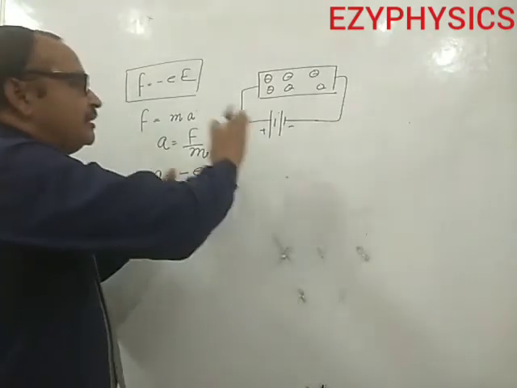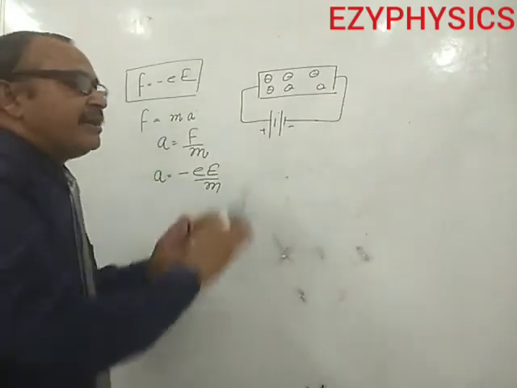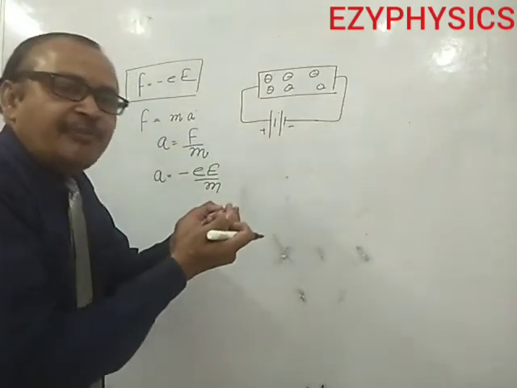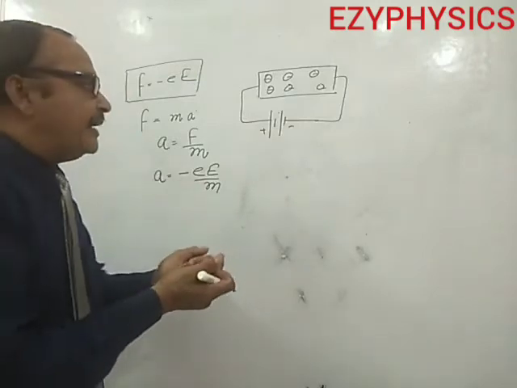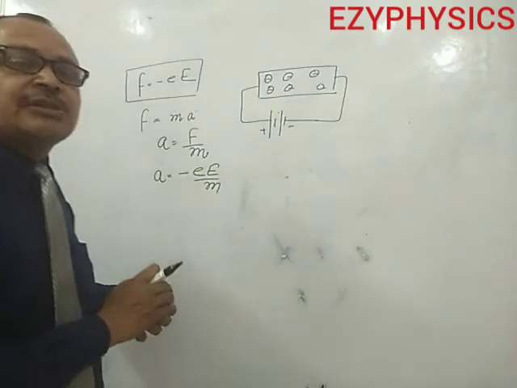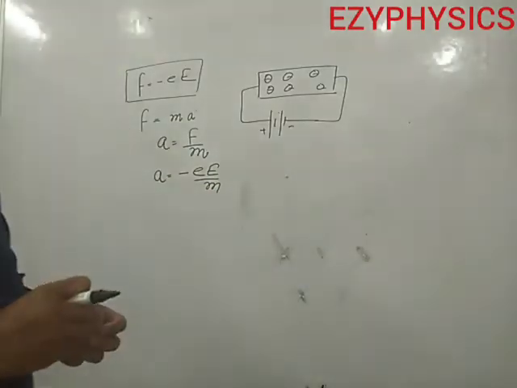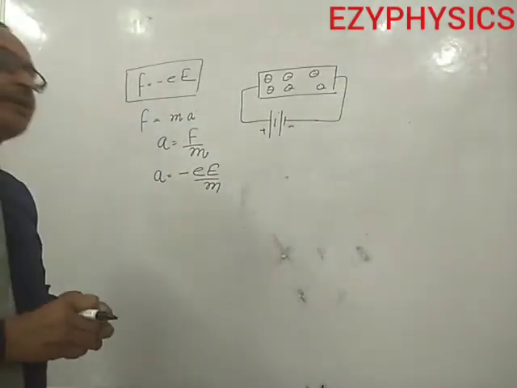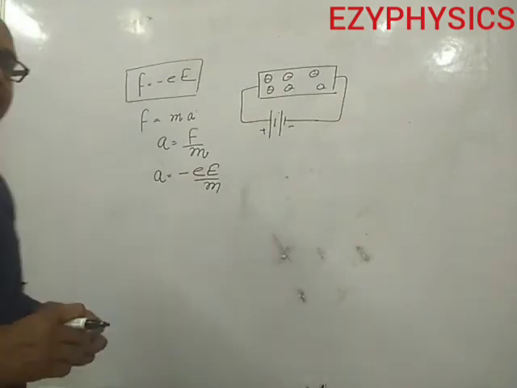So when these electrons are accelerated, they will collide with each other and with the ions, and the short duration of time between two successive collisions is termed the relaxation time.